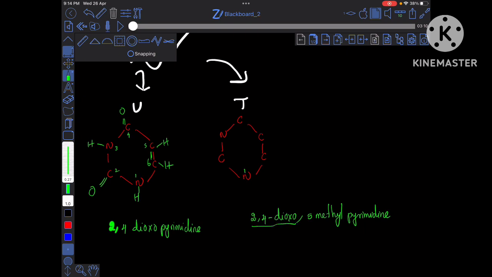Start counting 1, 2, 3, 4, 5 and 6. 2,4-dioxo-5-methyl-pyrimidine. So now start balancing the valency of each atom, each carbon and nitrogen atom. So the final structure will be like this. You can also count the valency and ensure this.